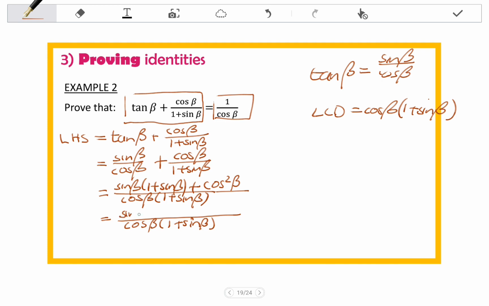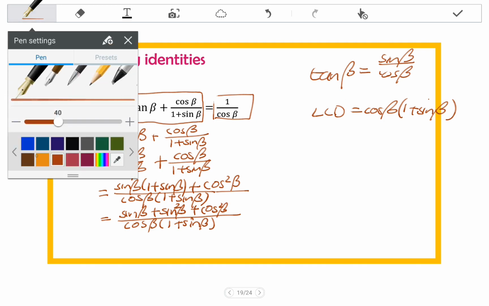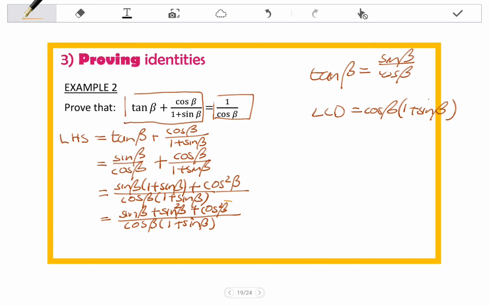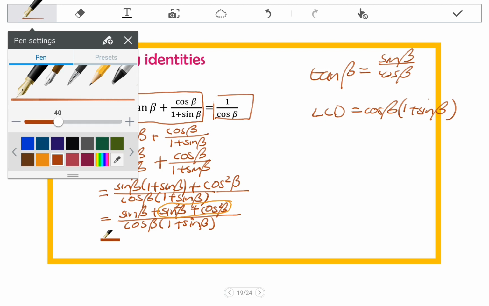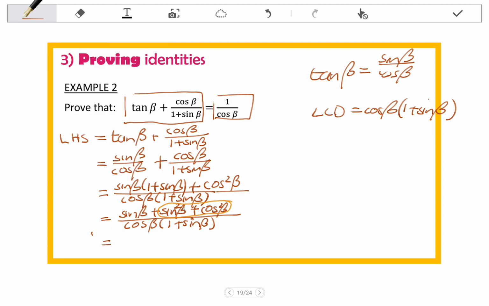So I have sine beta times 1, which is sine beta, plus sine beta times sine beta, which is sine beta squared, plus cos beta squared. And straight away, I see an identity that I can use. Okay, sine beta squared plus cos beta squared, that is the square identity, which is equal to 1. So in place of sine beta squared plus cos beta squared, I will write 1.